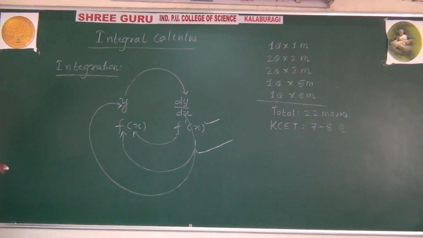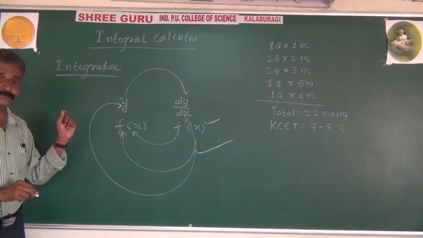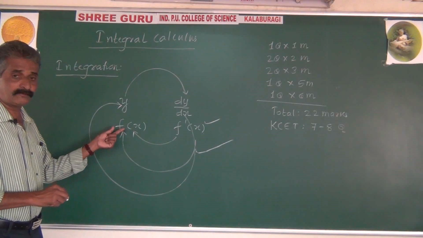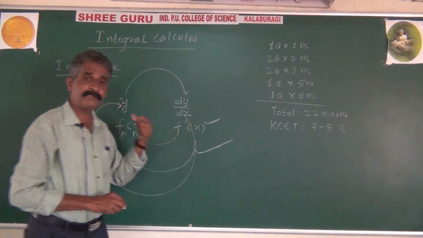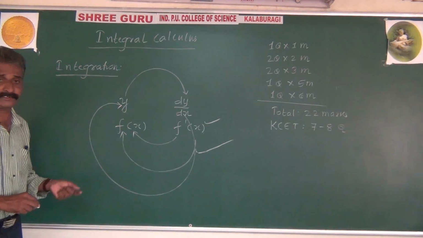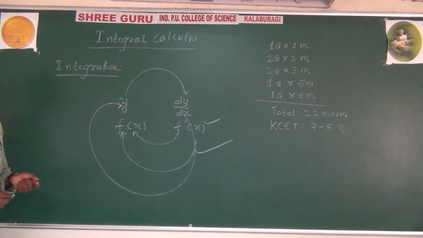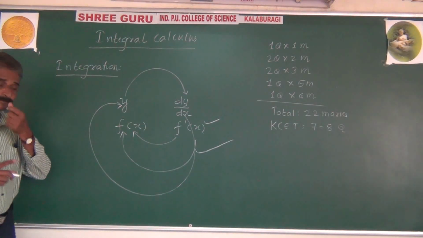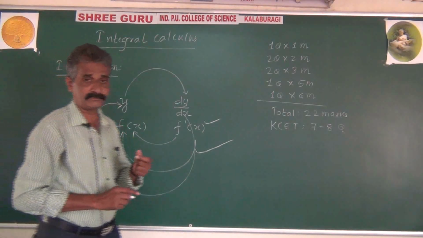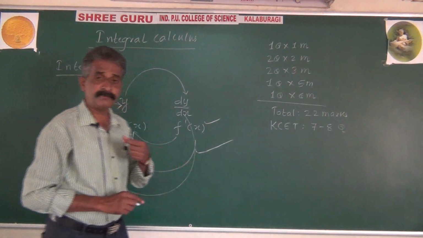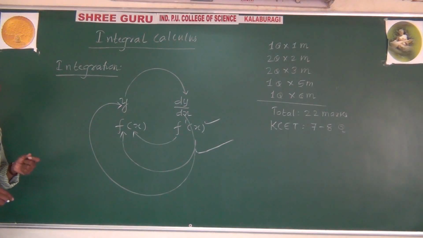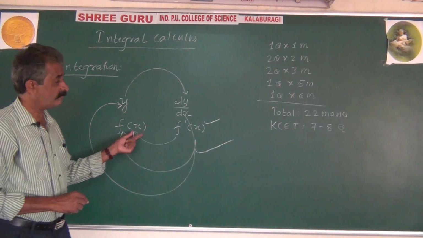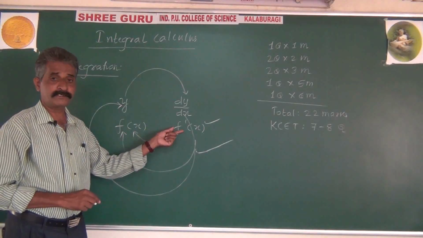That process of finding the original function y or f of x, when its derivative is given, is called integration. So integration is simply defined as the process of finding the function when its derivative is given.